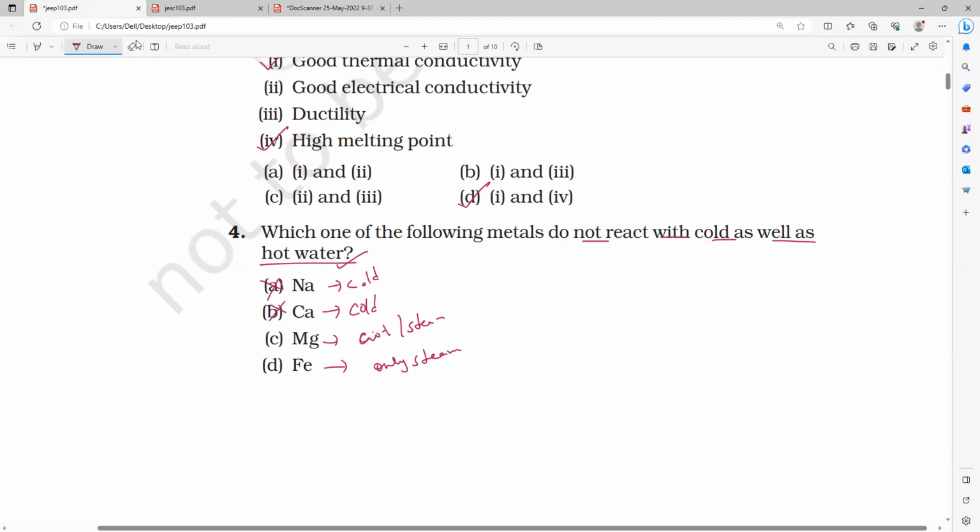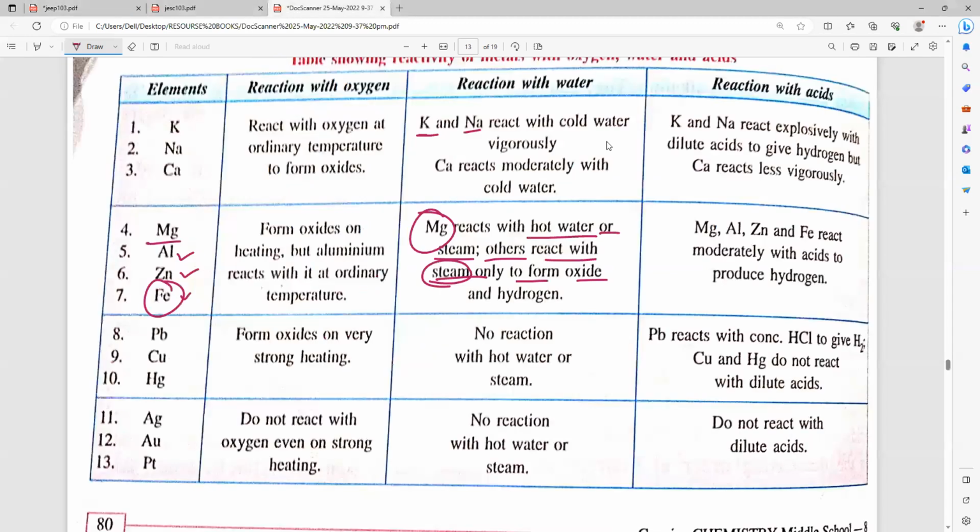So iron is the answer. That's what I said, this tabular column is extremely important. There is no question without this one. Please have a glance. This tabular column has to be in our mind always.